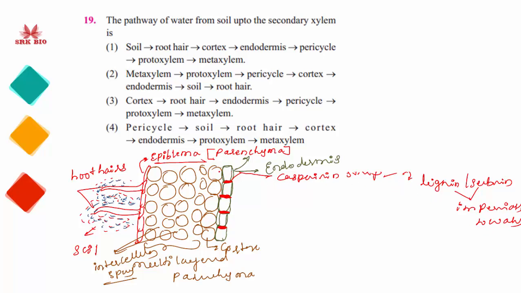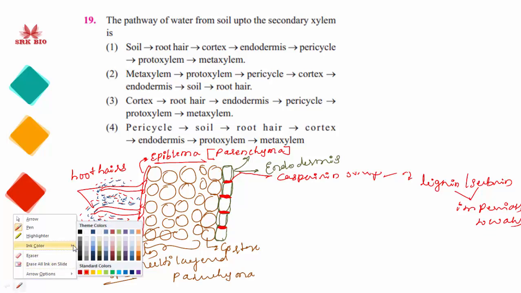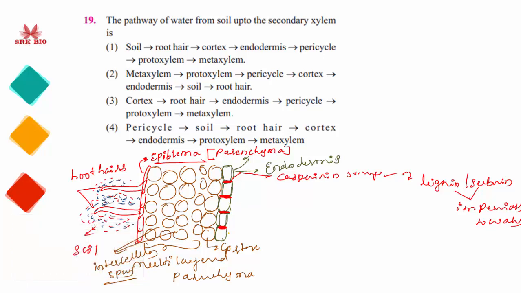Then below the endodermis, the next part of the root is the pericycle. Let me draw it. Again, pericycle is also made up of parenchyma only. It is the pericycle, the outermost part of the stellar region.